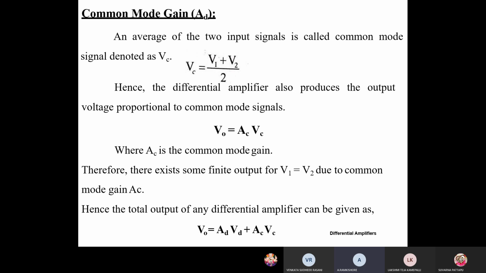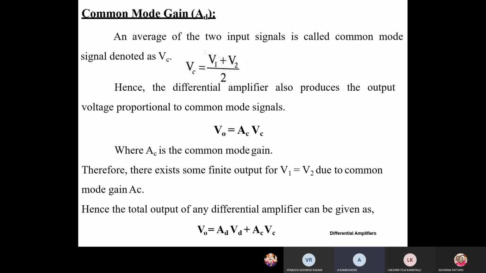Another one is the common mode rejection ratio. So in differential gain, in order to eliminate the proportionality constant, namely AD, which is included in the above equation, where V1 is equal to V2, the output V0 must be 0.